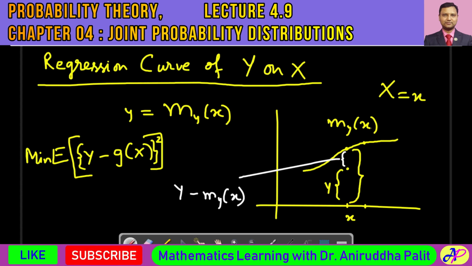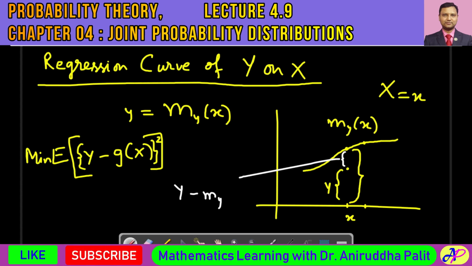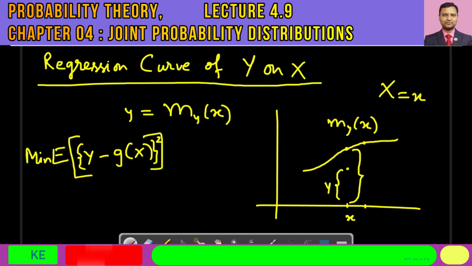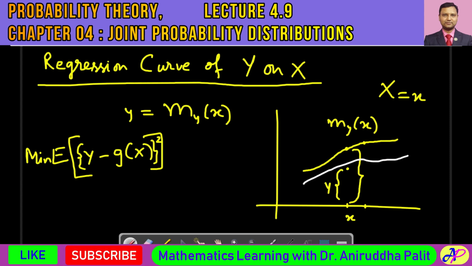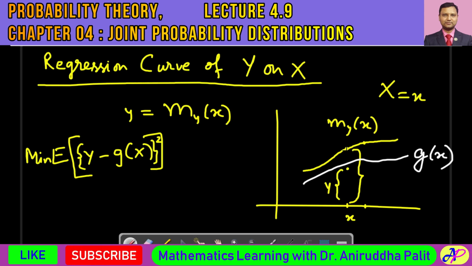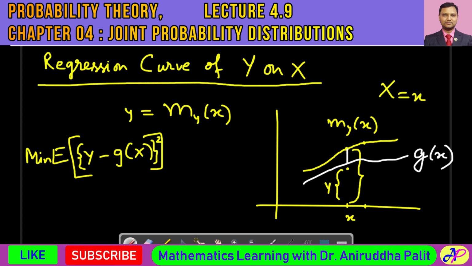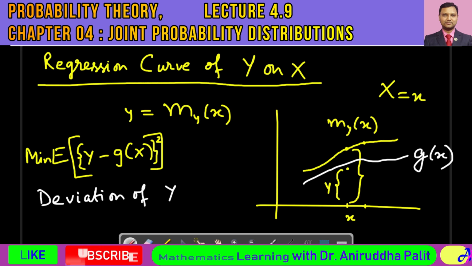So in place of this regression curve, if you consider any other curve, and suppose this is the curve of the function g of x, then this height is actually called the deviation of y from g of x.